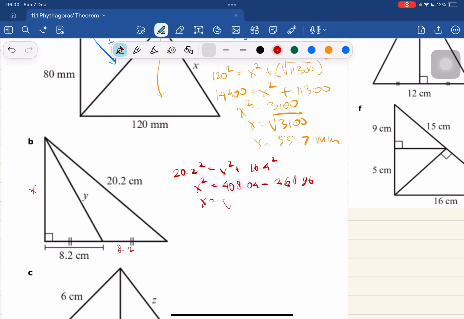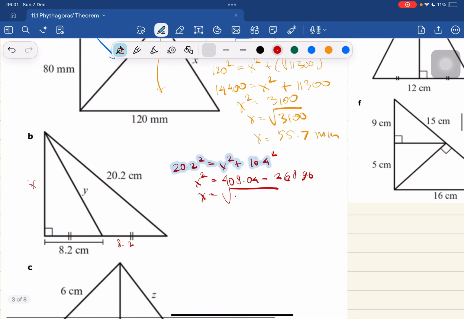So x equals the square root of 408.04 minus 268.96.